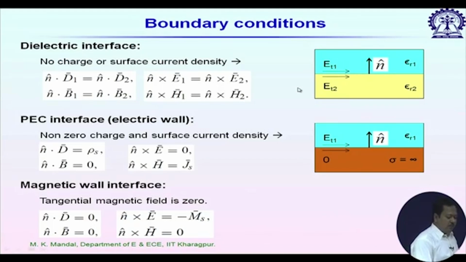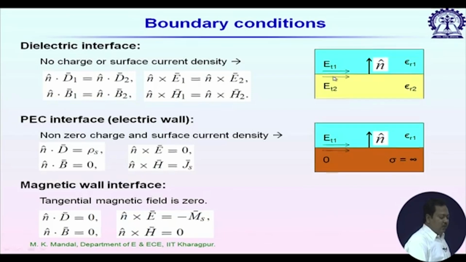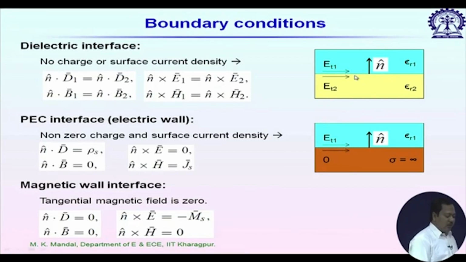Similarly, it can be shown that the tangential component of electric field is continuous across the boundary. So, the tangential component ET1 is equal to ET2. Just inside medium 1 and just inside medium 2, this parallel electric field component is equal. Similarly, for the magnetic field, H1 and H2 tangential components are continuous.